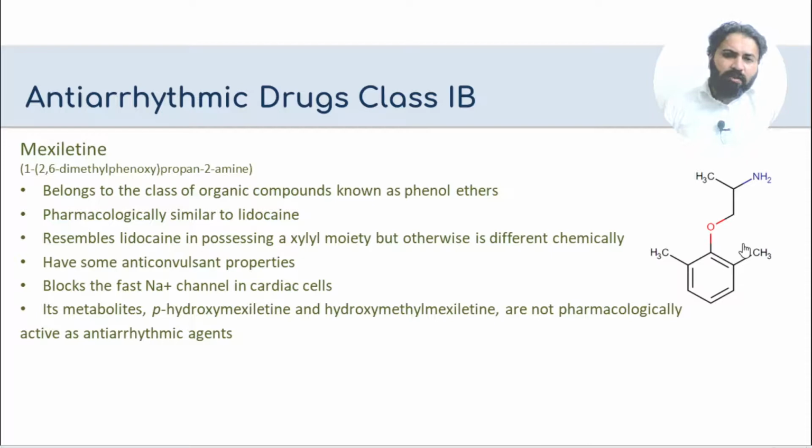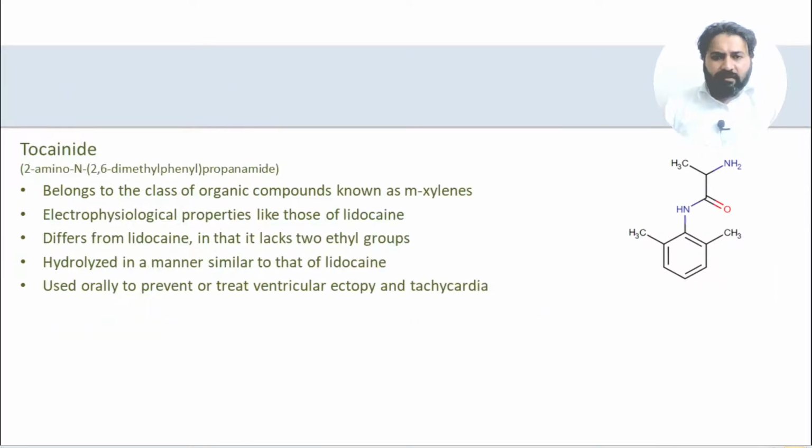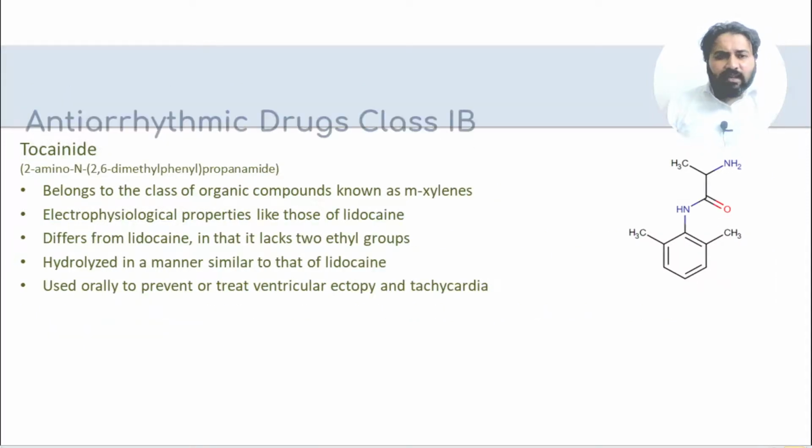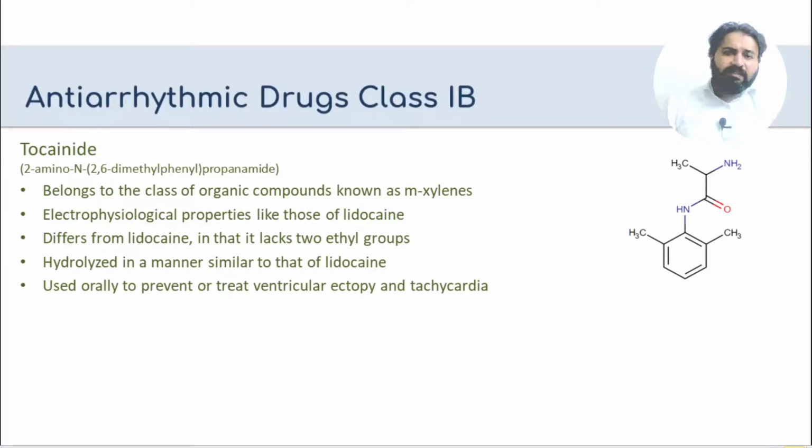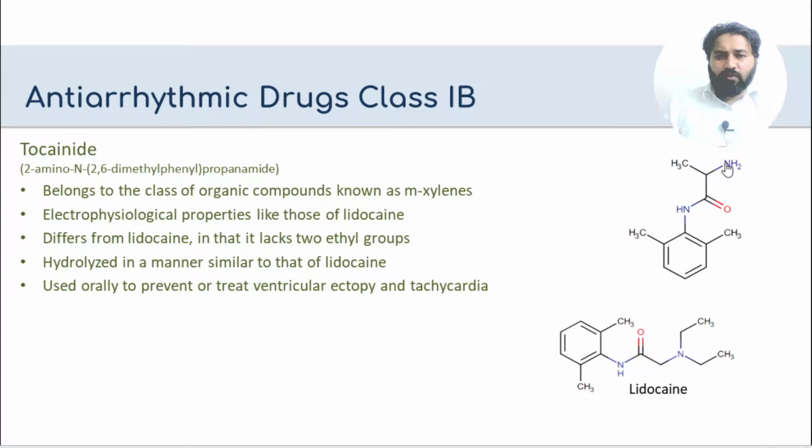Now the next compound is Tocainide. This Tocainide hydrochloride, this is the IUPAC name, and it is an analog of lidocaine. It is very active orally, and it also has electrophysiological properties like those of lidocaine, because it is an analog of lidocaine. The drug differs from lidocaine as it lacks the 2 ethyl groups, which provide some protection.